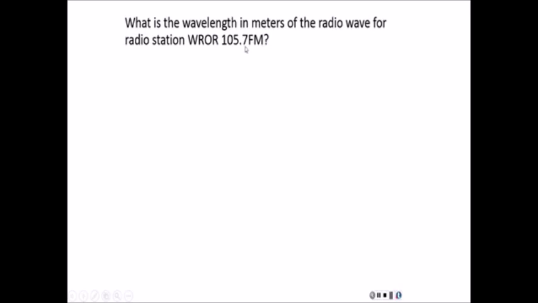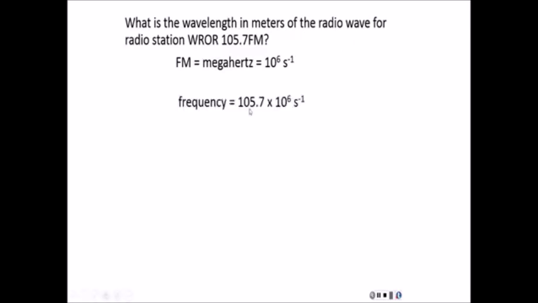And as far as the number in front of it, this is actually going to give us the frequency of the light. So for all FM stations, they broadcast in what we call megahertz, or millions of cycles per second. So the frequency for this particular radio wave is 105.7 times 10 to the 6th hertz.